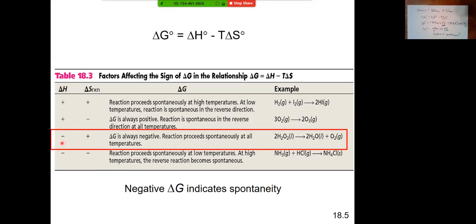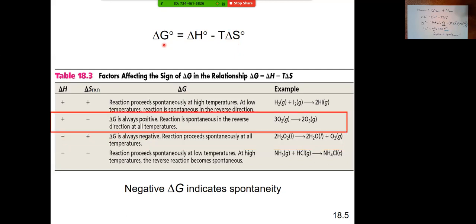When delta H is negative, delta S is positive, delta G is always and forever negative. Hopefully you can see if I put a negative here and a positive there, negative minus a positive, it's really negative plus another negative. That's going to give me a big negative value.